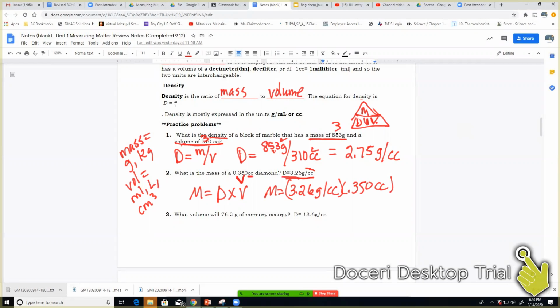So I'm going to multiply them by each other, and I would get 1.14, and cc's, I have 2 cc's, so they would cancel out. So that means my unit is just grams, which makes sense because I'm trying to find mass. And we said one of the things that would be a mass unit would be grams.